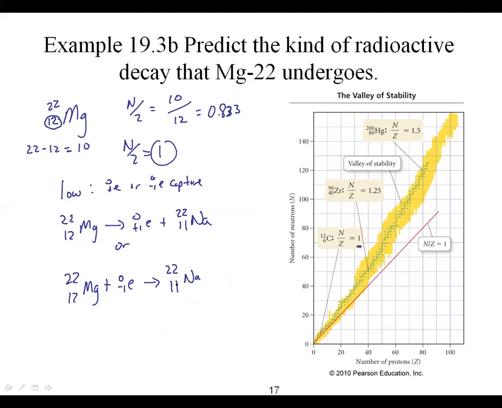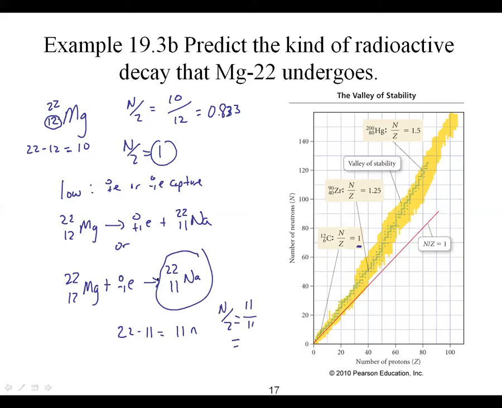Now we could actually look at what we produced and see if we are moving in the right direction. If we look at the sodium here, we have 22 minus 11, which is 11 for the neutrons. And that means that our N to Z ratio in this case would be 11 divided by 11, which equals 1.